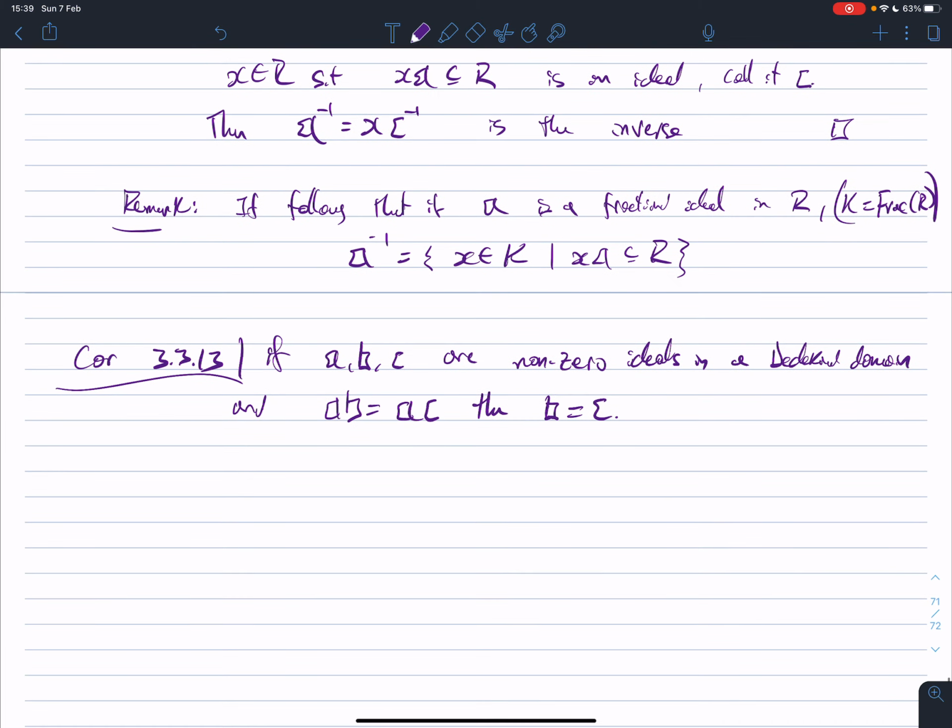This multiplication is cancellative. And the proof is just multiply on the left by A inverse to get the result.